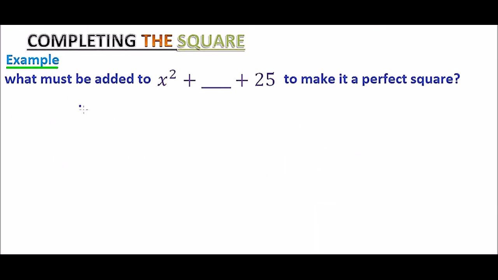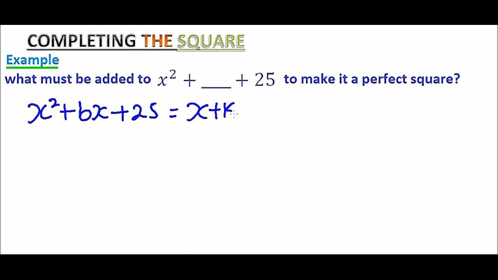The alternative method of finding what is to be added is by writing our expression x squared plus bx plus 25 is equal to (x plus k) squared, where k is another constant.